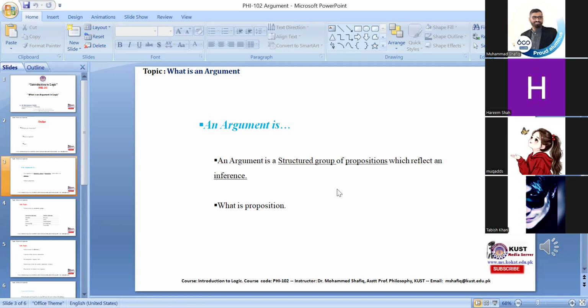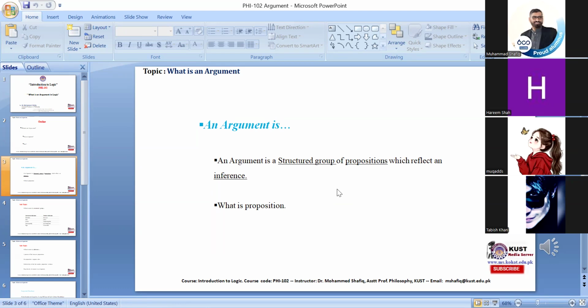Similarly, we can have a proposition in negative form, where we deny something. If I say Mr. X is not tall, I am trying to describe the height of Mr. X, and I am negating his tallness.